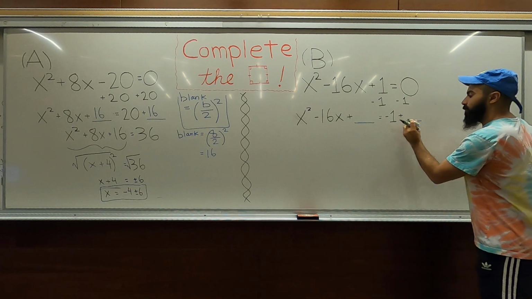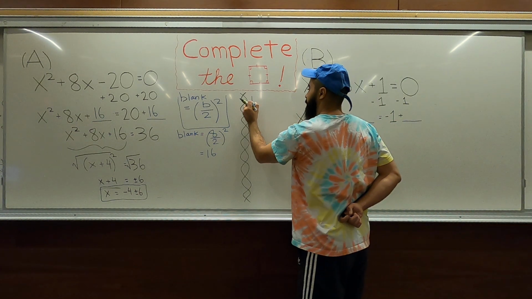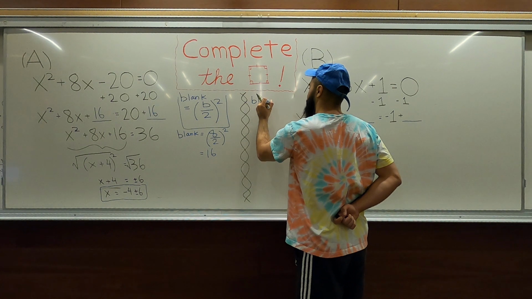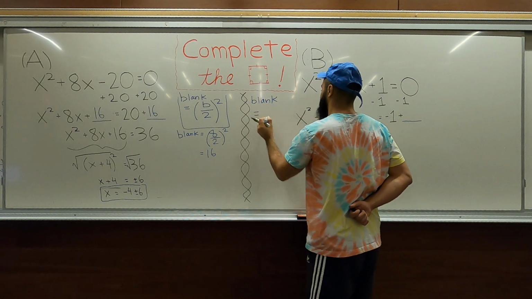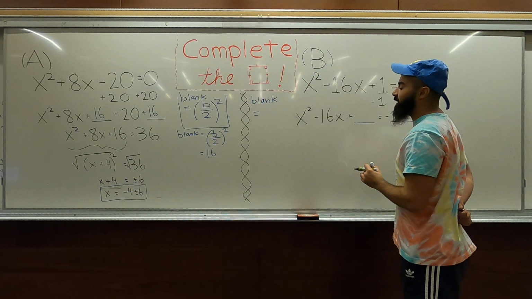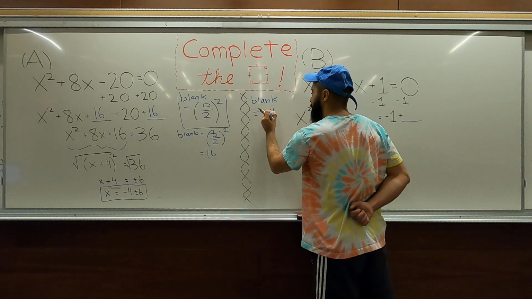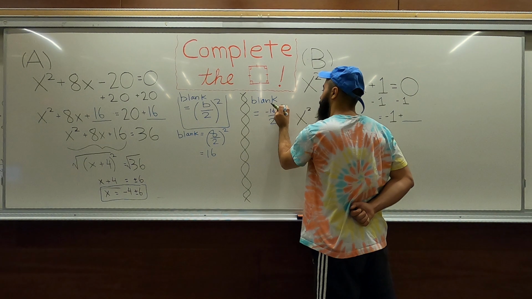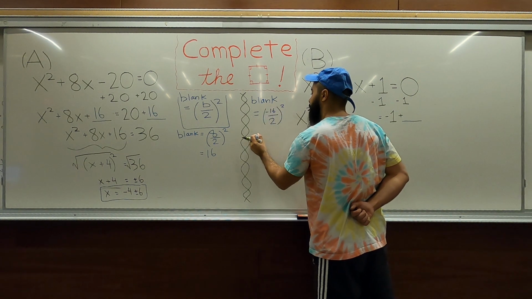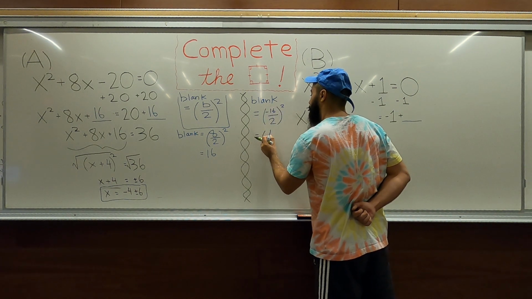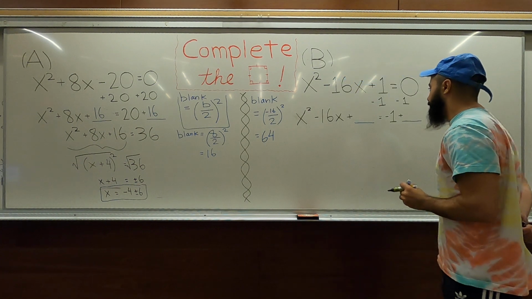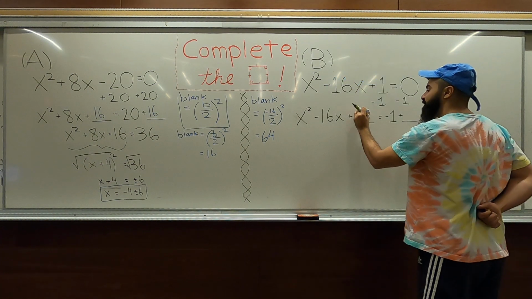And we're going to go ahead and see what blank is. So here blank is equal to negative 16 divided by 2, which is negative 8, squared. So negative 16 over 2, squared, is equal to 64. Okie doke. So we're going to add 64 to both sides.